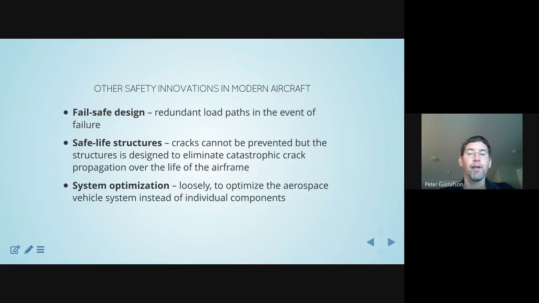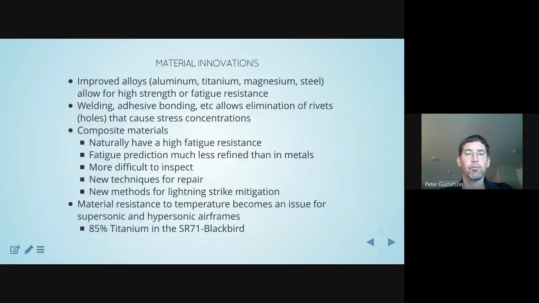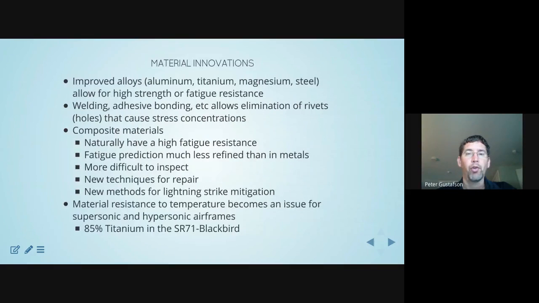And that's the idea of looking at multiple features and functions of the aircraft tied together. How does the impact of a change in one area impact the other aspects of the aircraft, the rest of the aircraft system? So those are overall structural things that have gone on.